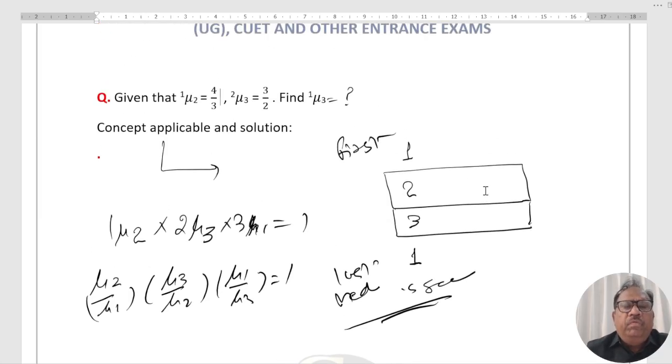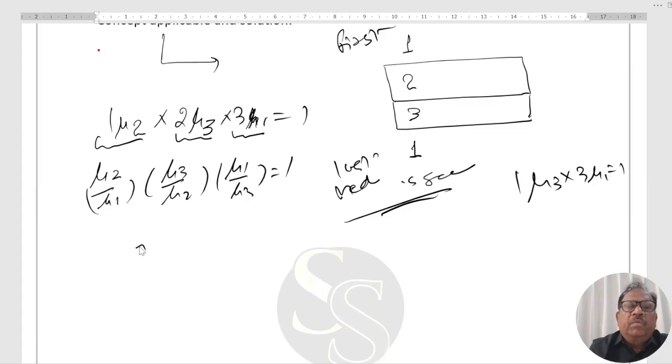We are given 1 mu 2 and 2 mu 3. We have to find the reverse of this. 1 mu 3 into 3 mu 1 will be equal to 1.